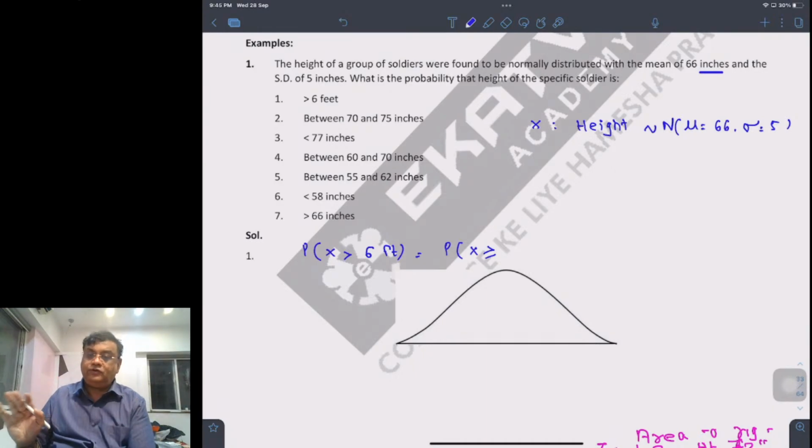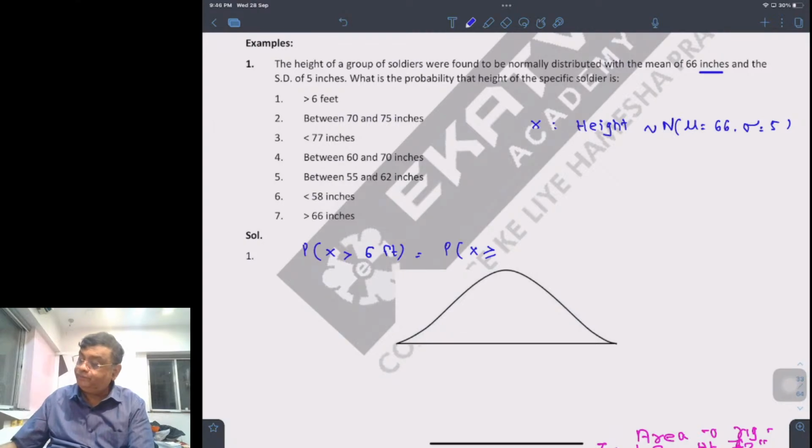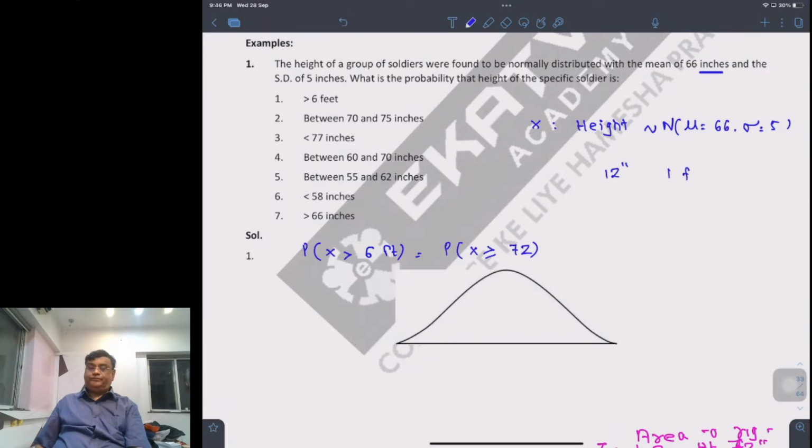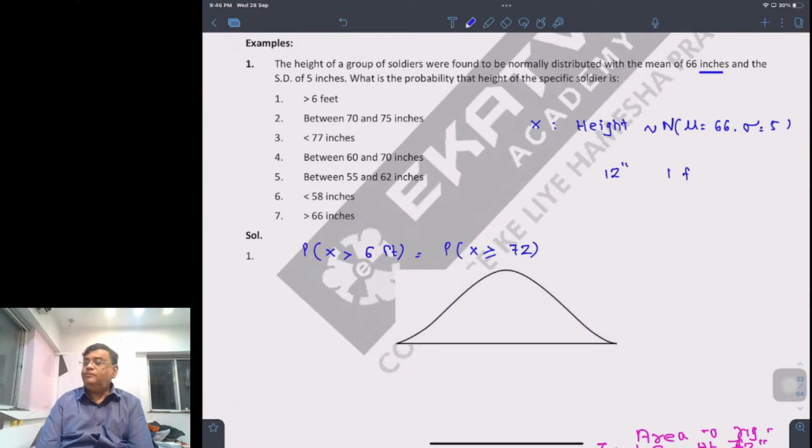In normal distribution, whether you write equality or not makes no difference, so this is the probability of X greater than or equal to. Remember, 12 inches means 1 foot, so 6 feet means 72 inches. Therefore, this is the probability of X greater than or equal to 72.